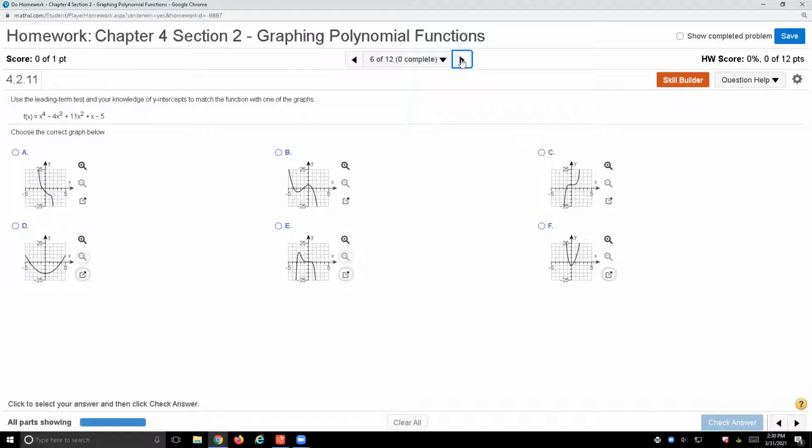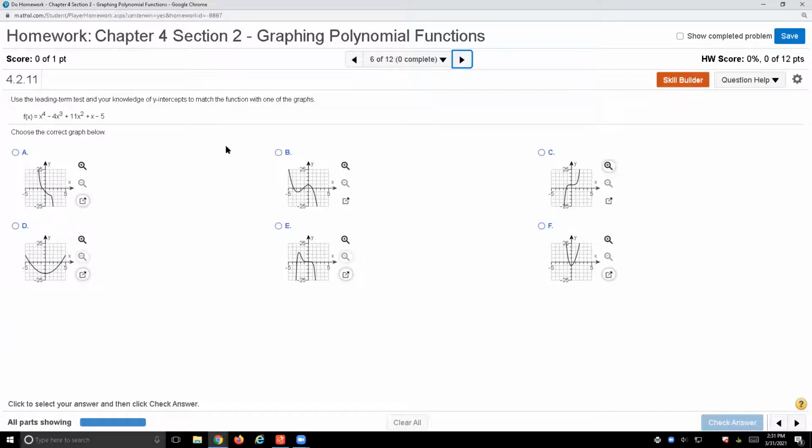Question number 6. X to the 4th minus 4x to the 3rd plus 11x squared plus x minus 5. The degree is 4. So both ends have to point the same direction, so we know that A, B, C are all wrong.